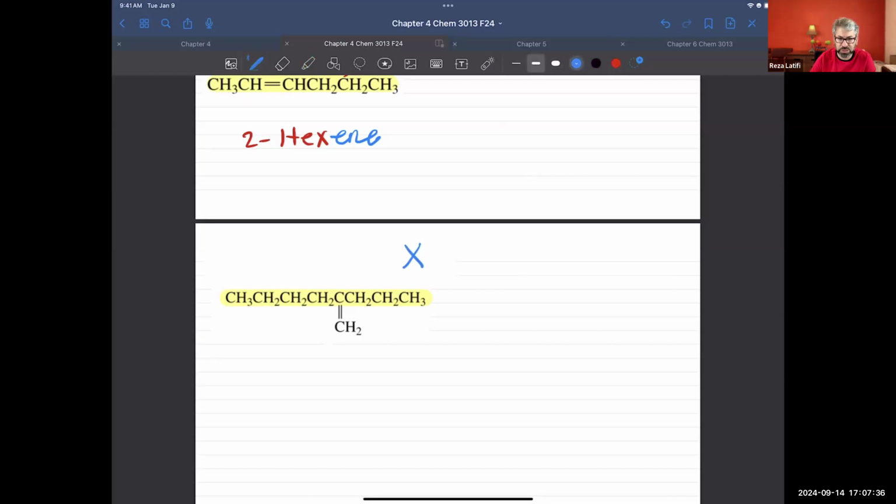So on the second carbon, I have a propyl substituent. Then I put a dash, and attach this one to it. So the correct name will be 2-propyl-1-hexene.